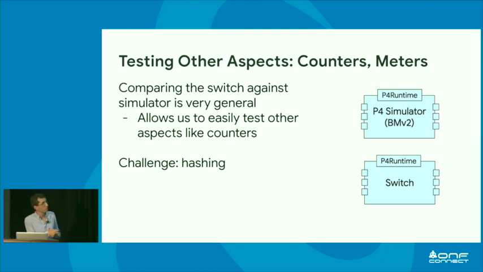And so usually you're not able to have your simulator predict exactly what port or what member of the group is being used. How we worked around this is that we have the simulator predict the set of ports that a packet could get forwarded on, and then we just require that the switch sends the packet out on at least one of those ports. That makes sense, but it makes the whole testing a little bit more challenging since now there's not a one-to-one correspondence between the two.